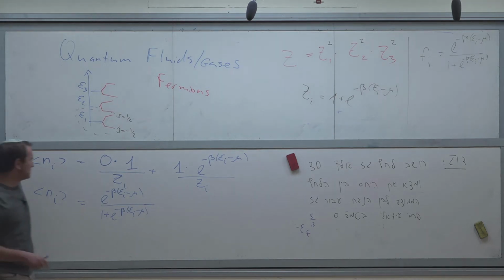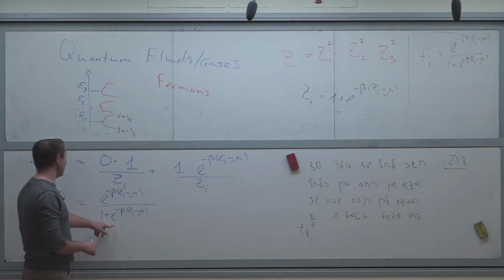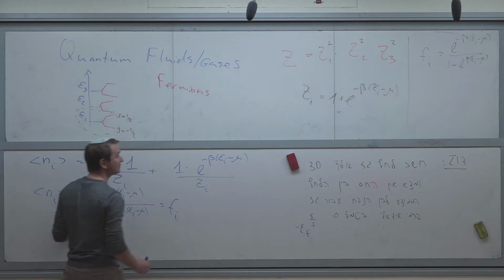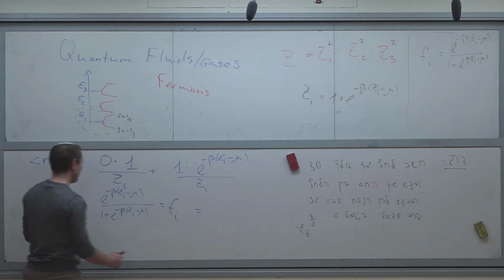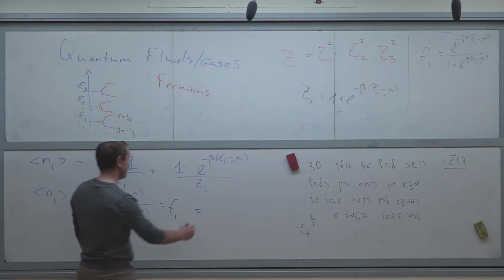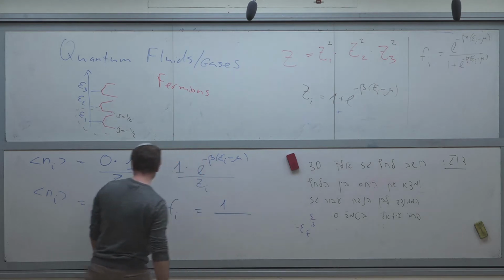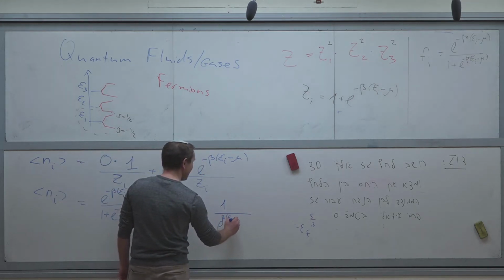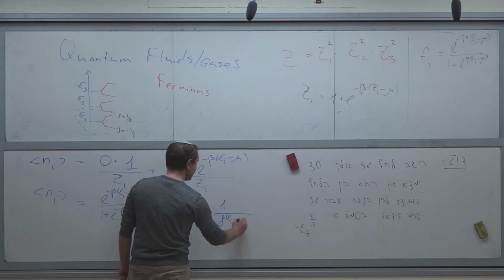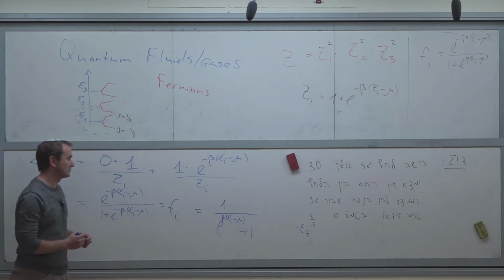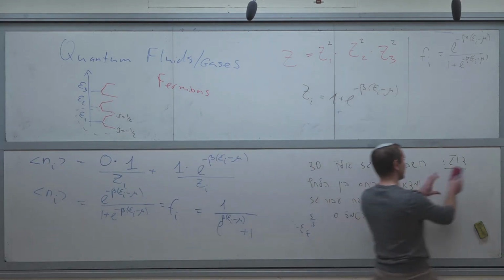Now, we can write it down a little bit in a different fashion. First of all, it equals Fi, and we can take this from the numerator into the denominator and obtain the following formula: 1 over e to the power beta epsilon I minus mu plus 1. Nothing courageous.